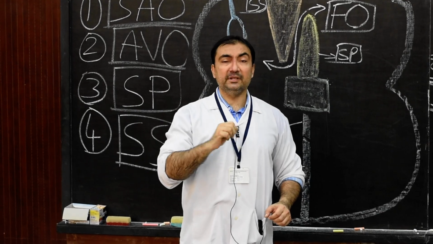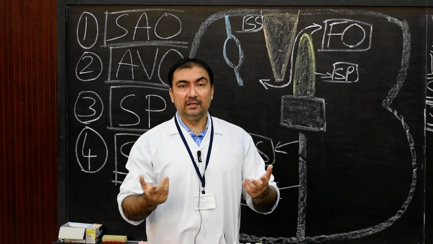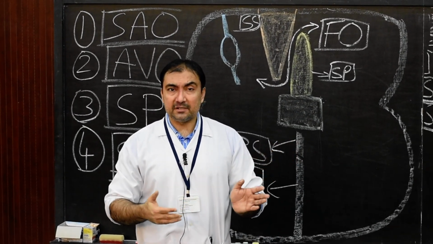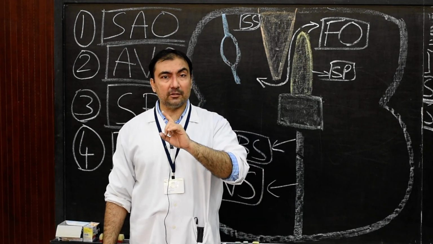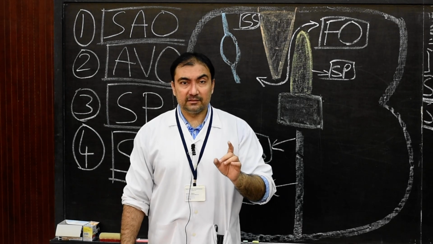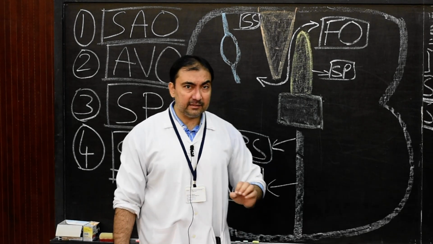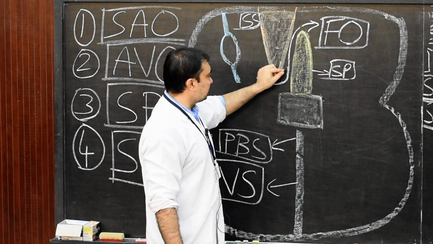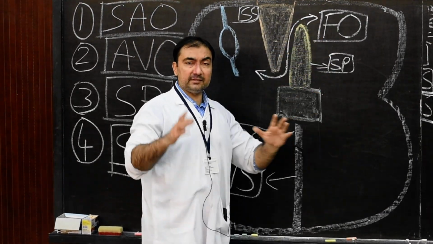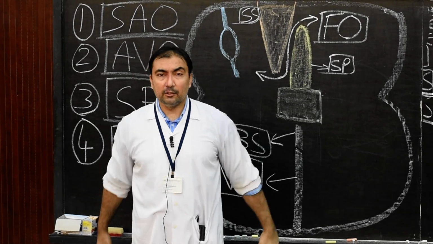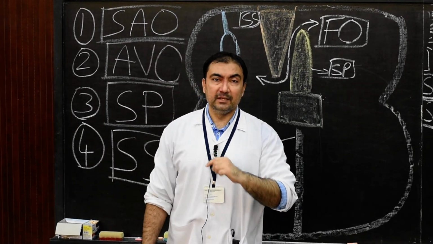What is probe patency of foramen ovale? In 20% of children after birth, foramen ovale will remain open structurally but not functionally. So structurally it will remain open, and therefore a probe can be passed from the right atrium in an oblique direction into the left atrium. That is known as probe patency of foramen ovale.